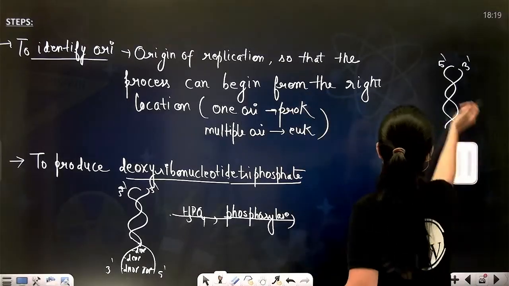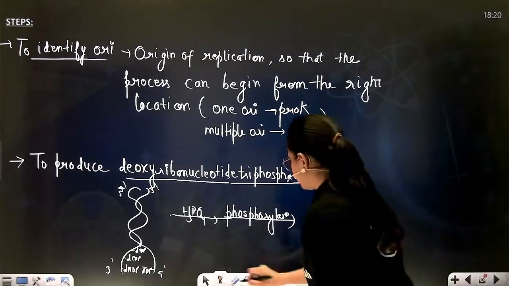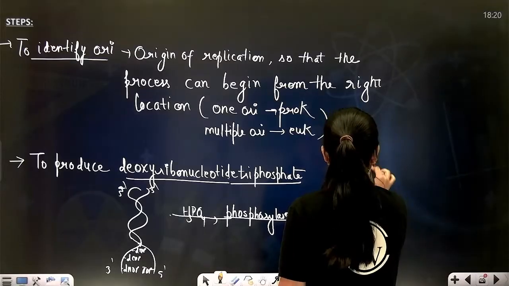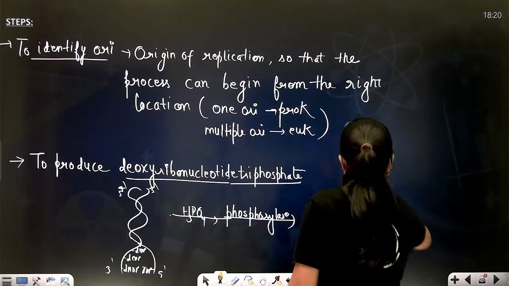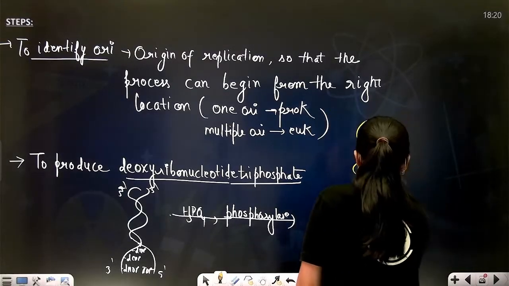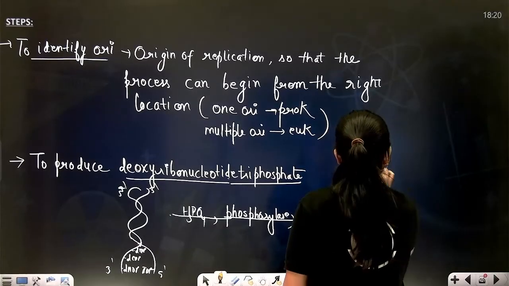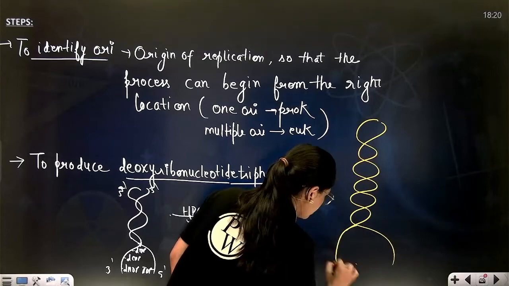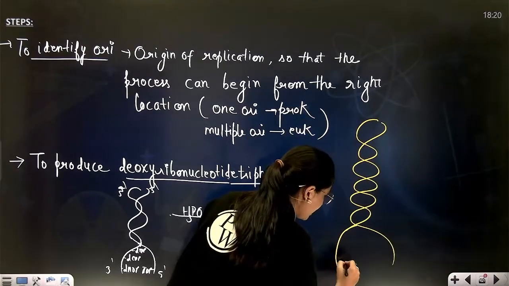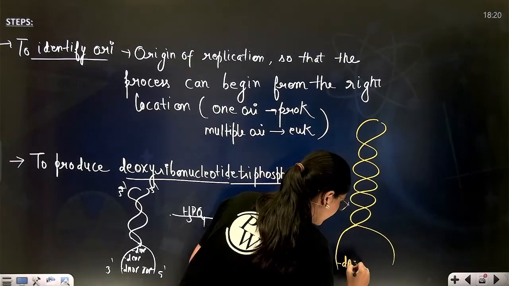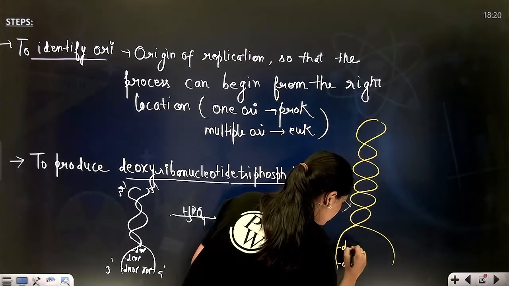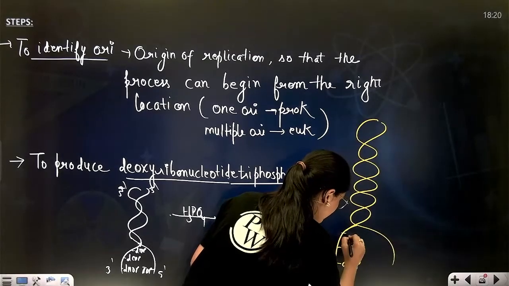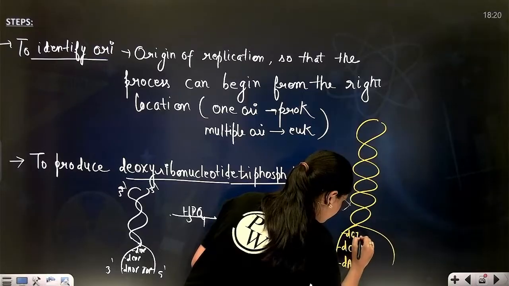So what will be the next step? See, here I am drawing a little bit bigger. After phosphorylation, ADP will change to ATP, CDP will change to CTP, GDP will change to GTP.